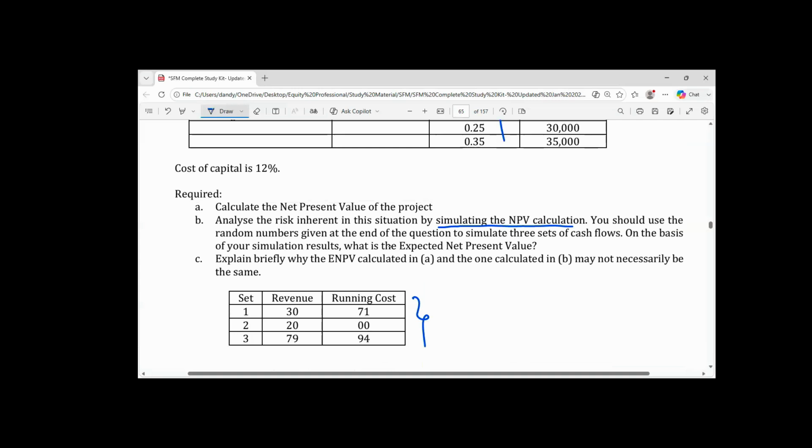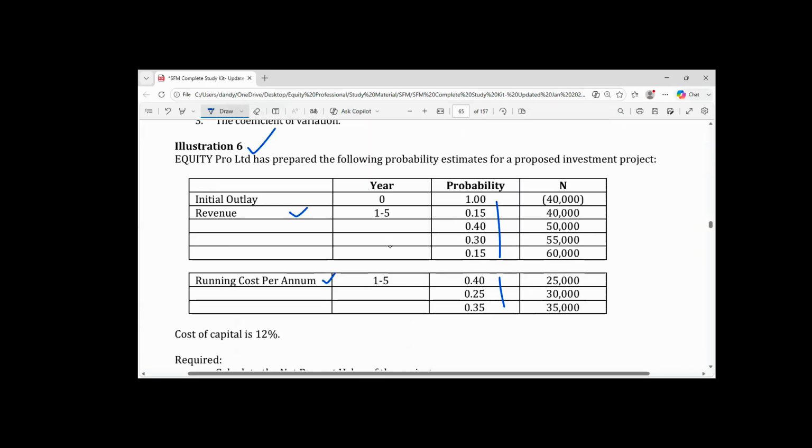The number A part, you are to calculate net present value. How do you calculate net present value in the A part? We can see from the table given to us, we have probability and cash flow. You should know that anytime you are given probability and cash flow together, you are supposed to calculate expected value. Therefore, in the A requirements, you are required to calculate expected net present value using the expected value method.